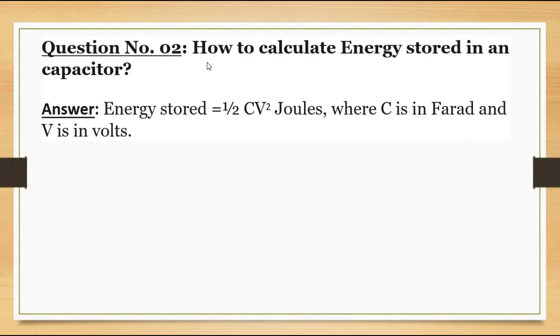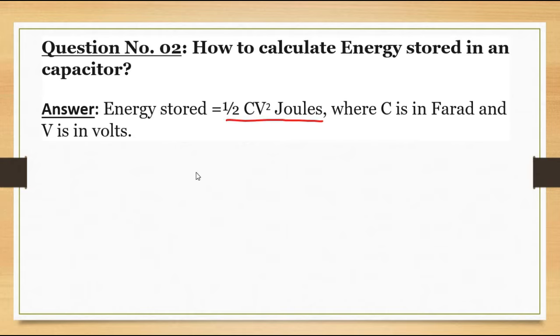Our second question is how to calculate the energy stored in a capacitor. So the energy stored is equal to half CV square joules, where C is capacitance in farad and V is in volts.